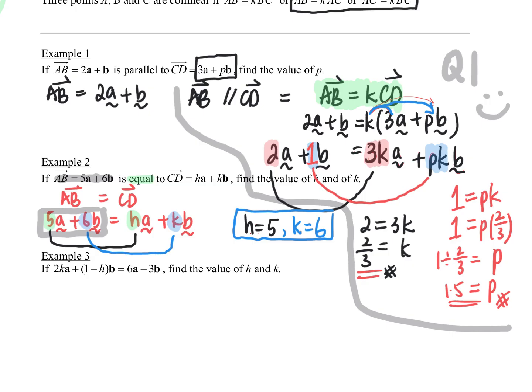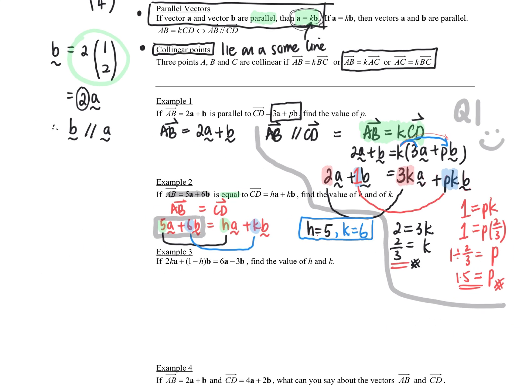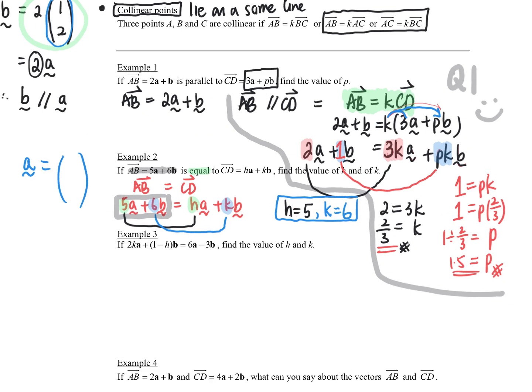So the number in front of B is 1. I compare with PK, because this is the number in front of B. So you are just comparing the coefficient. A and B is like a column matrix that they never tell you what it is. So A actually represents some matrix, but they don't want to tell you what it is, so you just leave it as A.